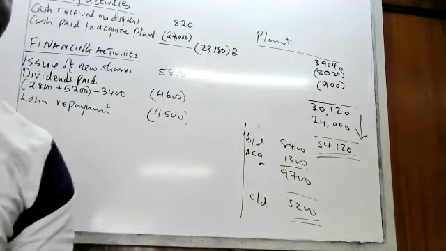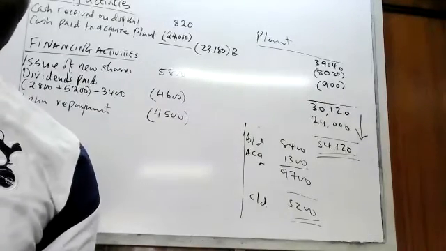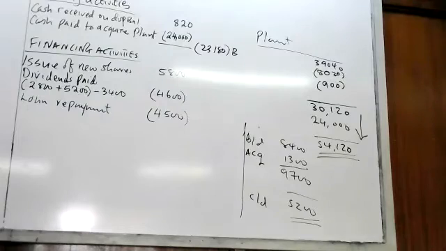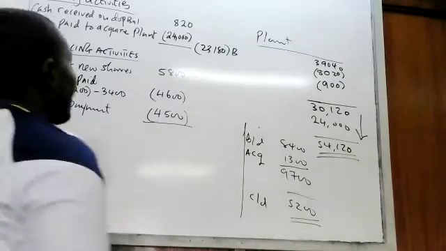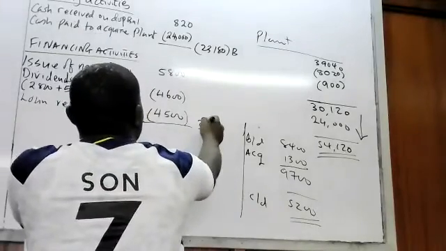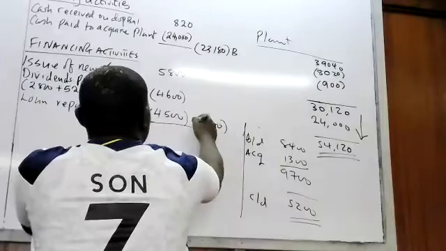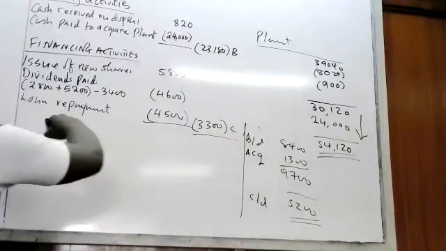Can you try to add? So that is 58 minus 46 minus 45. I'm getting negative 33. So negative 33, that is C. So what is A plus B plus C?